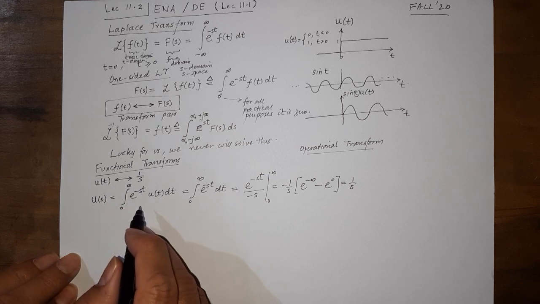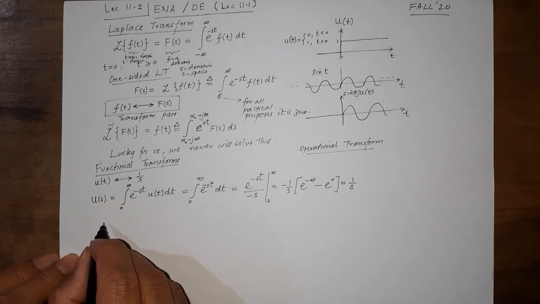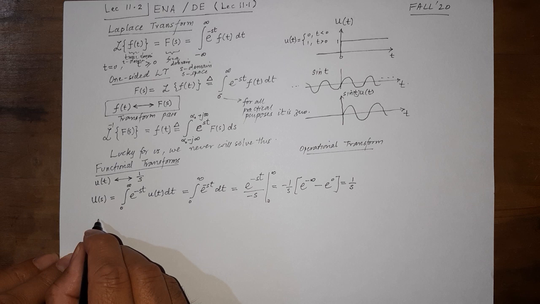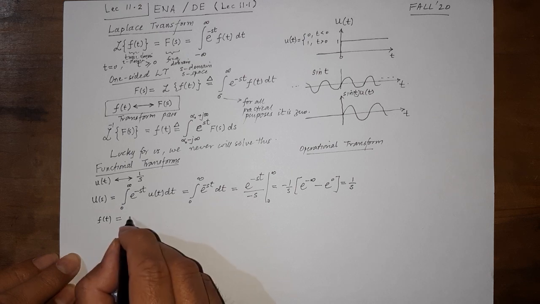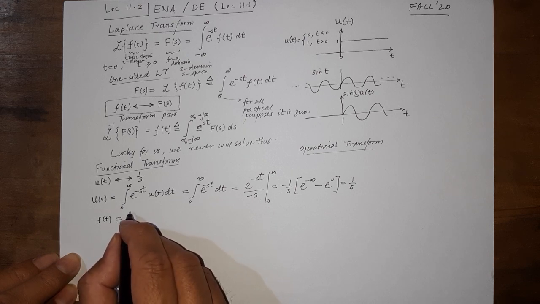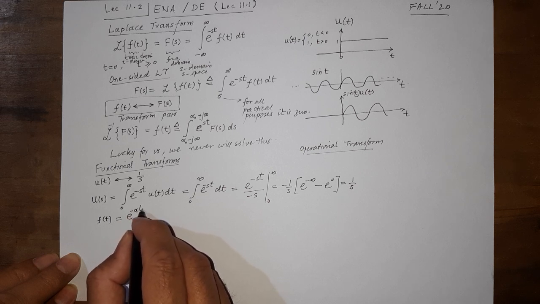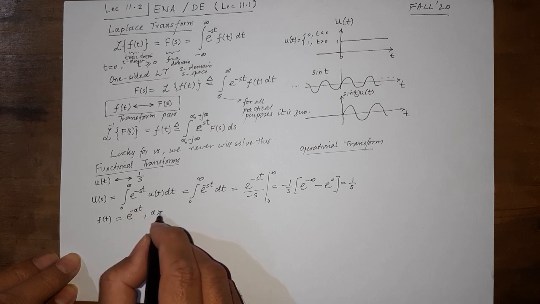Similarly, you can take up the same approach and procedure and find the transform pairs for several functions. Let me do this for one or two other functions. So suppose the function f of t is an exponential function, e raised to the power minus at, where we are assuming a is positive.